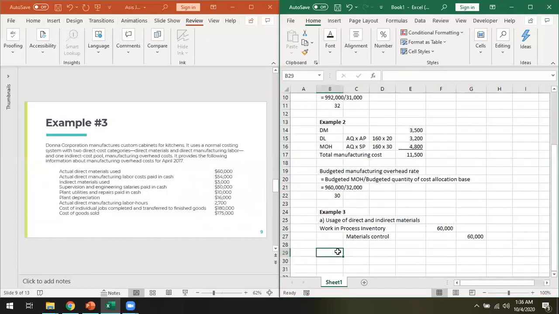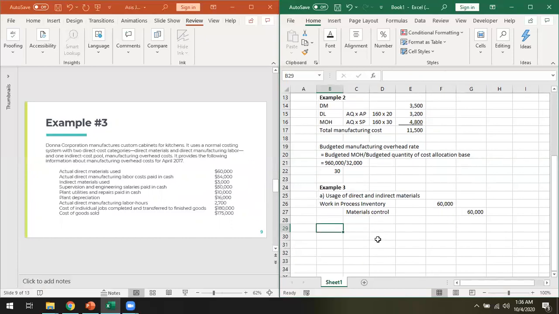We already record the journal entry for direct materials. As for the indirect materials, we do not convert it into work in process inventory, but instead we use manufacturing overhead control account as the debit because the manufacturing overhead is allocated.